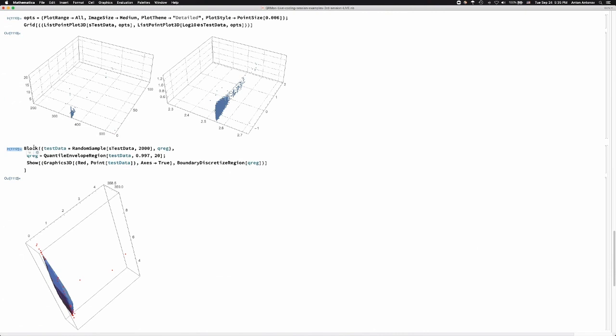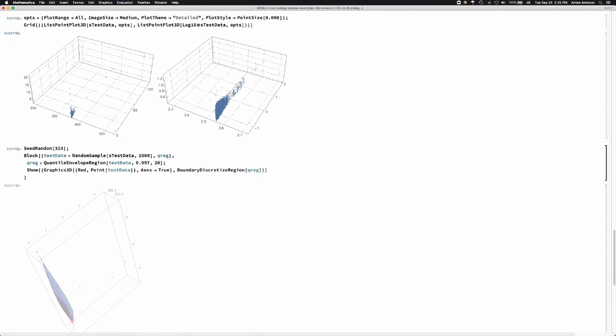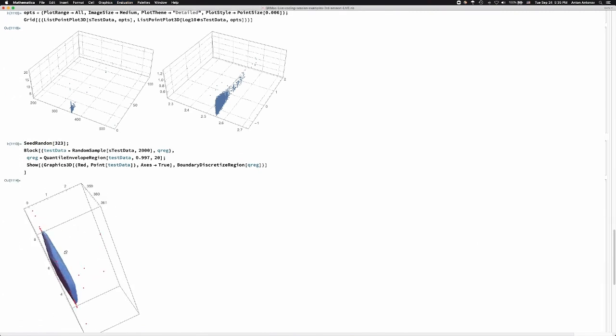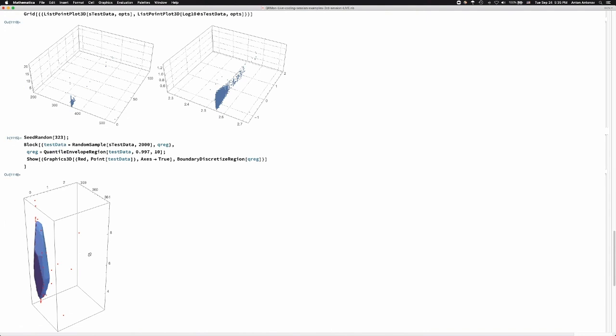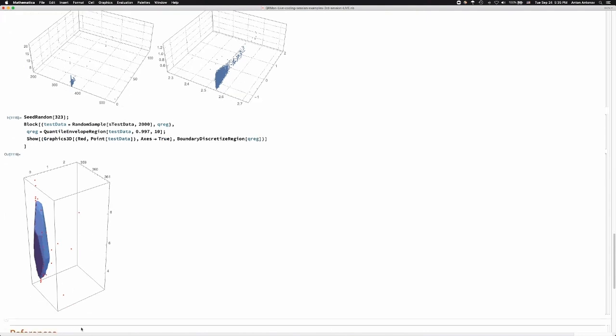Actually, let me repeat this experiment by setting a random seed to some value in order to reproduce the result. So this is with 20 elements. Let's see if it is with 10. It's going to be different. Somewhat different. All right.